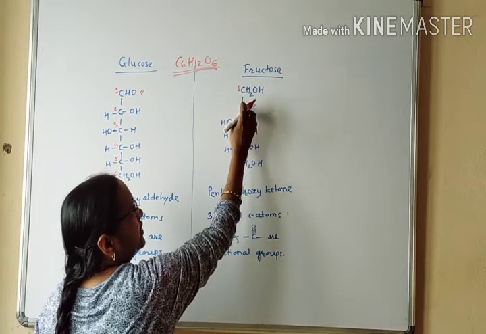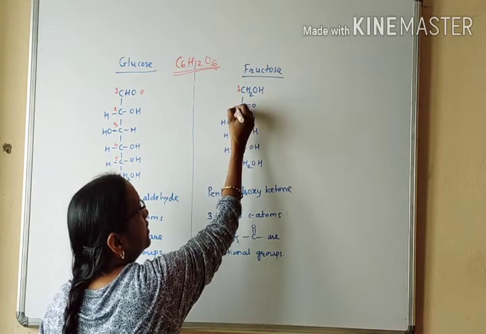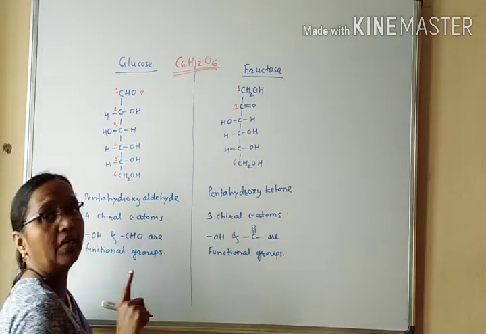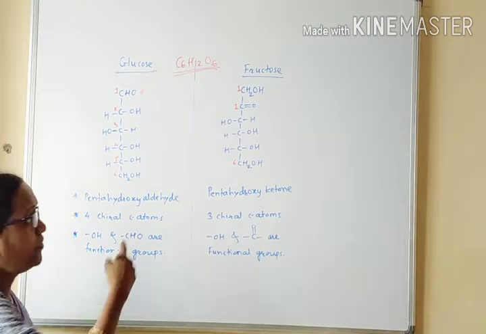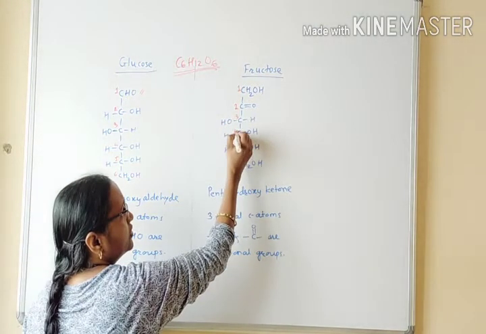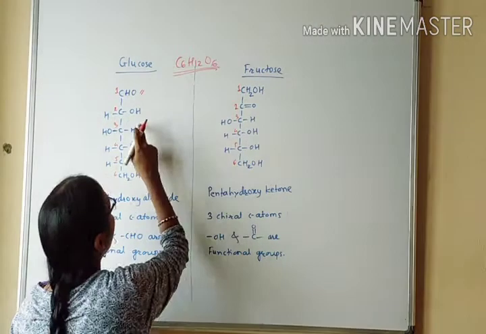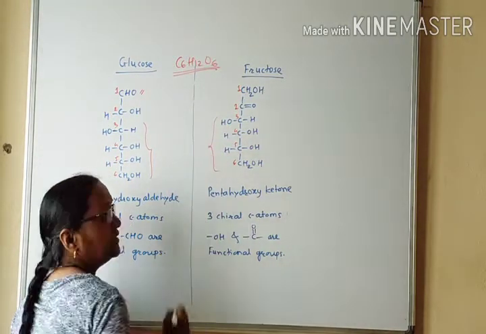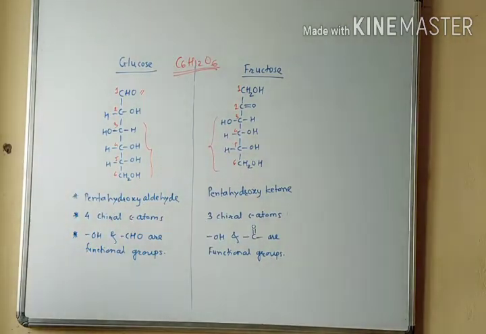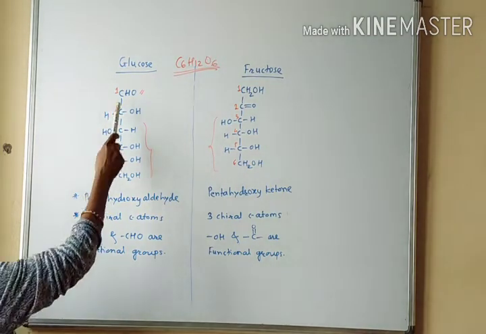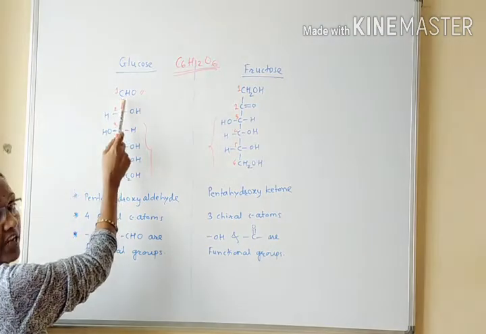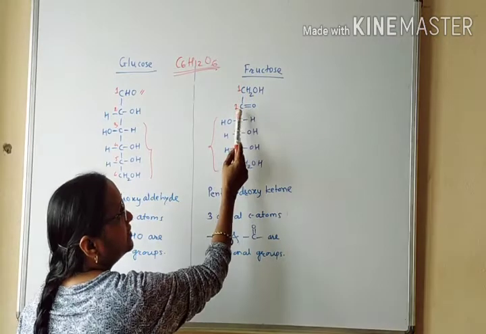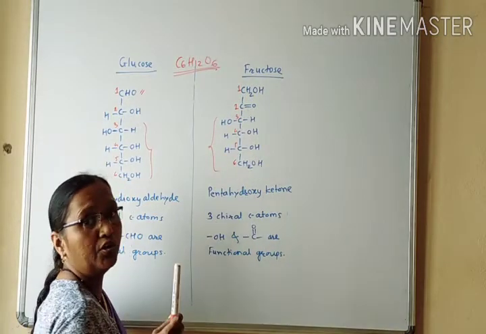The sixth carbon atom is CH2OH. The second carbon atom contains a ketonic functional group, a C double bond O. The third, fourth, fifth and sixth are the same; from fourth to sixth is the same. So the difference is that the first carbon contains an aldehyde functional group and here the second carbon contains a ketone group.